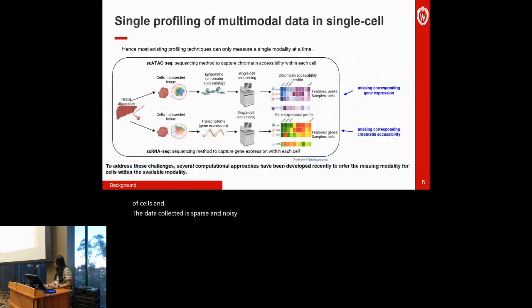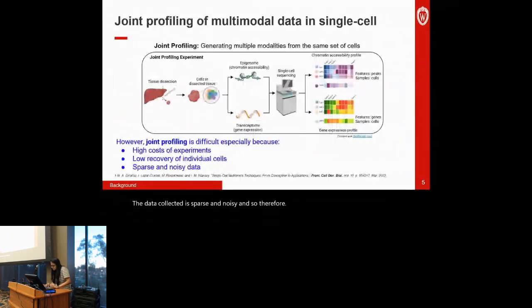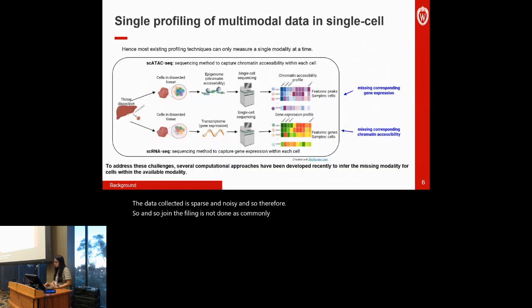And so joint profiling is not done as commonly as opposed to existing single profiling methods like single cell ATAC-seq or single cell RNA-seq, which means we have more single modality data compared to joint modalities.